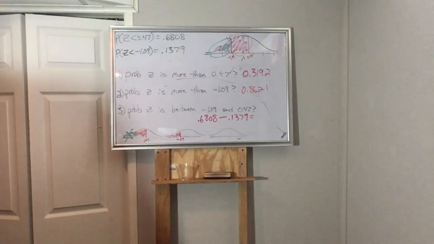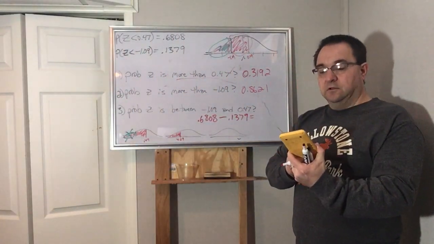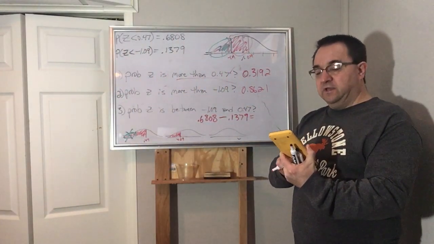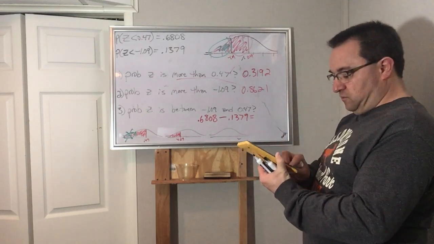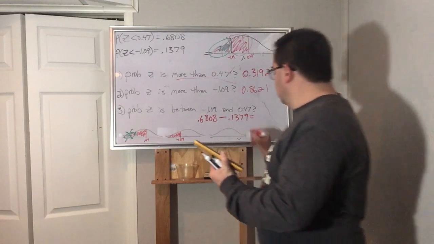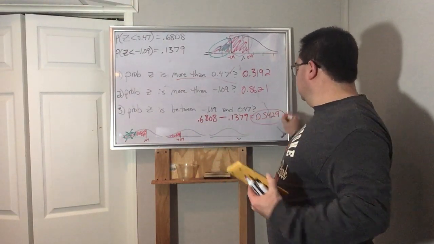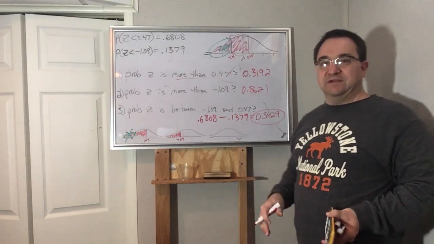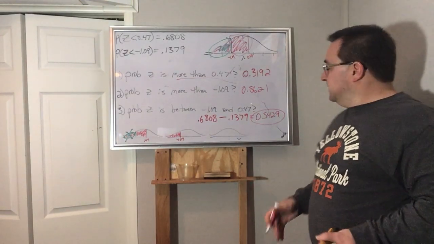So let me grab my calculator. 0.6808 minus 0.1379 is 0.5429. So 54% of the stuff would be in between those two z-scores.